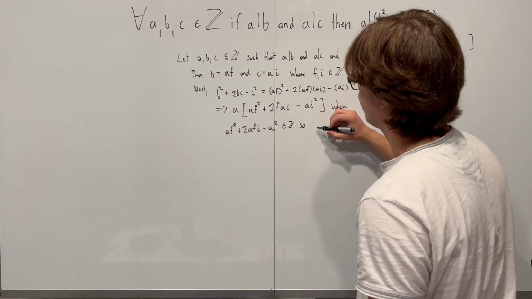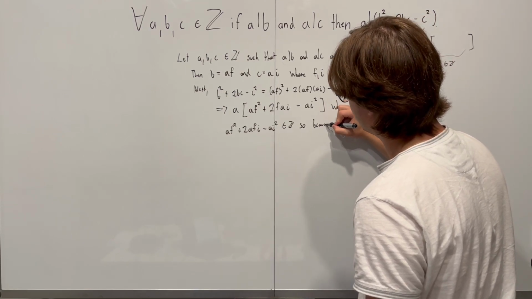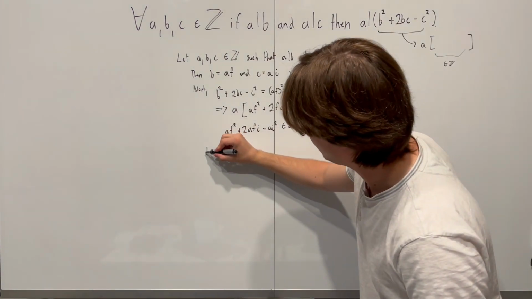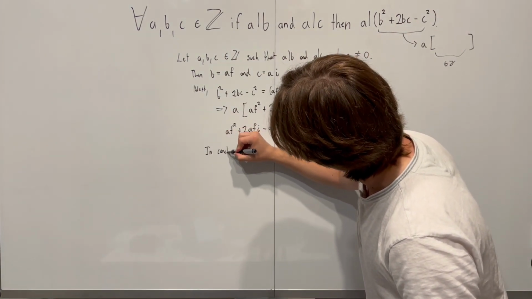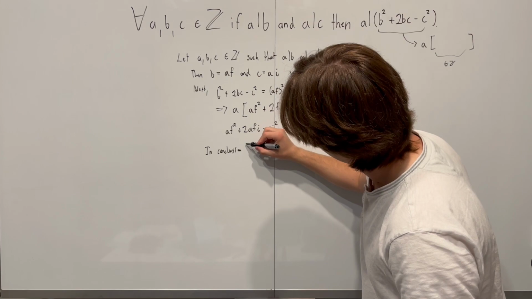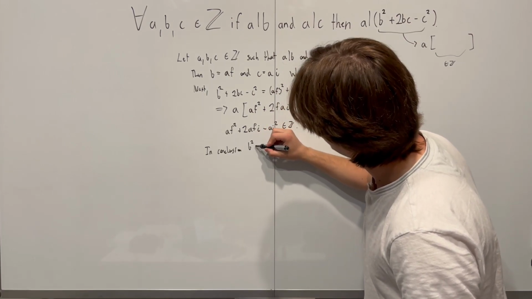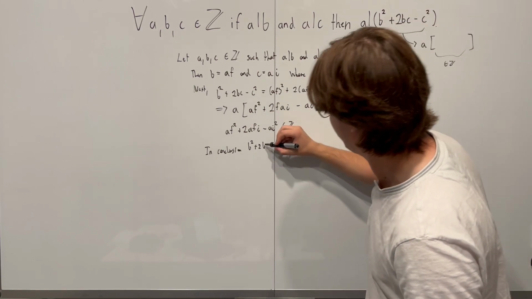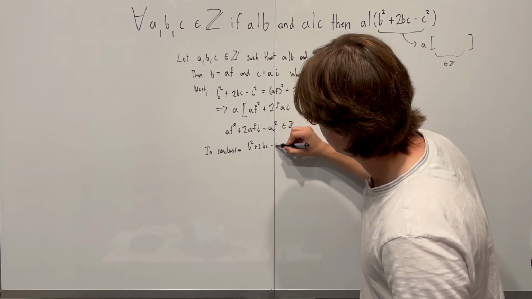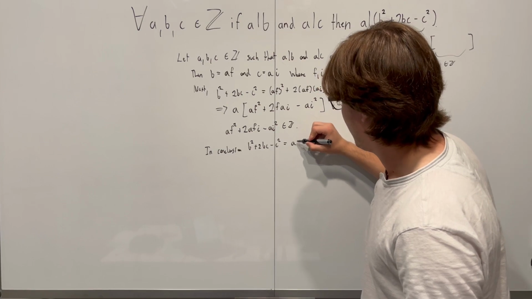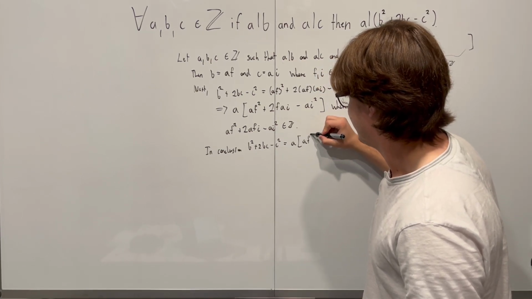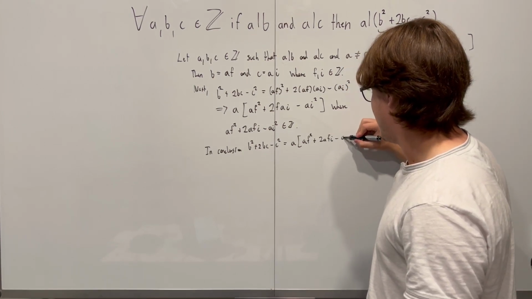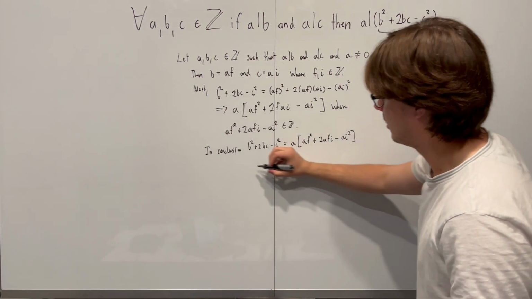Let's write this as a separate sentence for our conclusion. In conclusion, b squared plus 2bc minus c squared is equal to a multiplied by af squared plus 2afi minus ai squared.